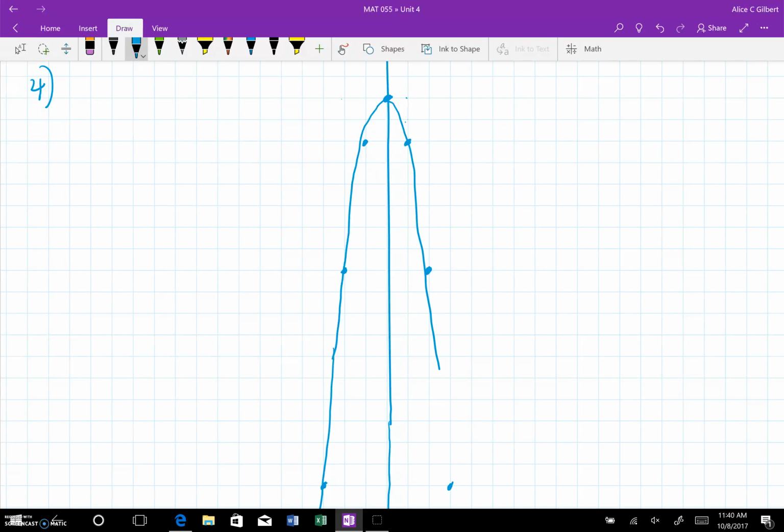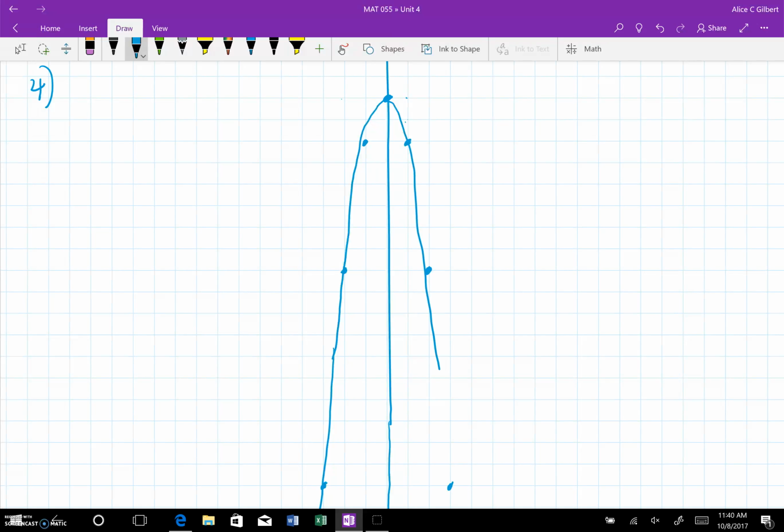Here I moved to the right 1. Here I moved to the right 2. These are my x coordinates. This is another way I can do it. And to the right 3. And now let's see. So 1, 2, 3, 4, 5. But it's going down, so that's negative 5.